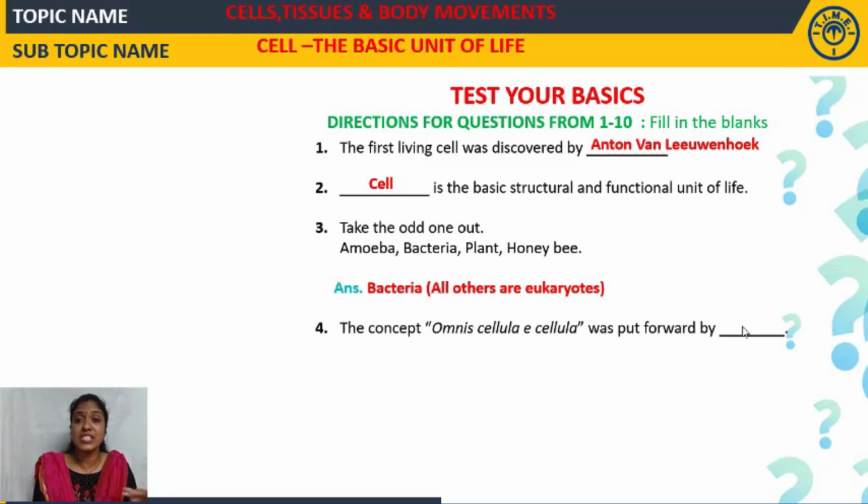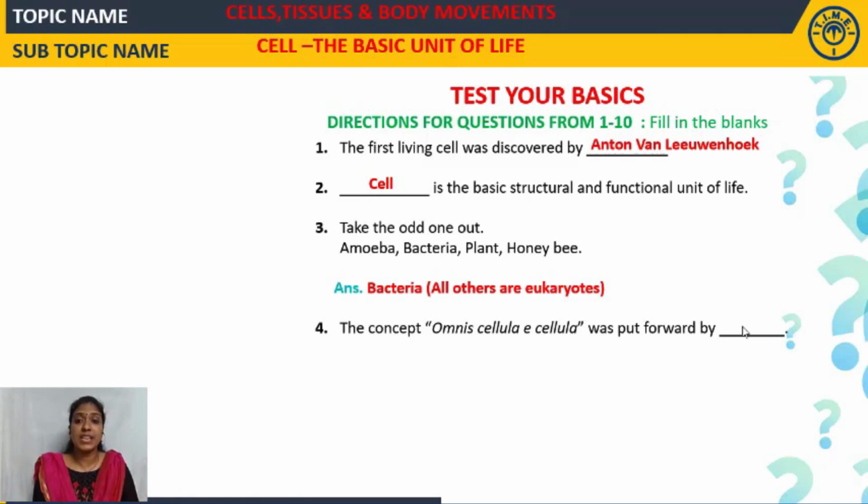So what is cell theory? Cell theory has three postulates. What are they? Every organism is made up of cells, and cells are the structural and fundamental unit of life. And the third point was put forward by whom? Rudolf Virchow, and he said that all existing cells arise from the pre-existing cells.